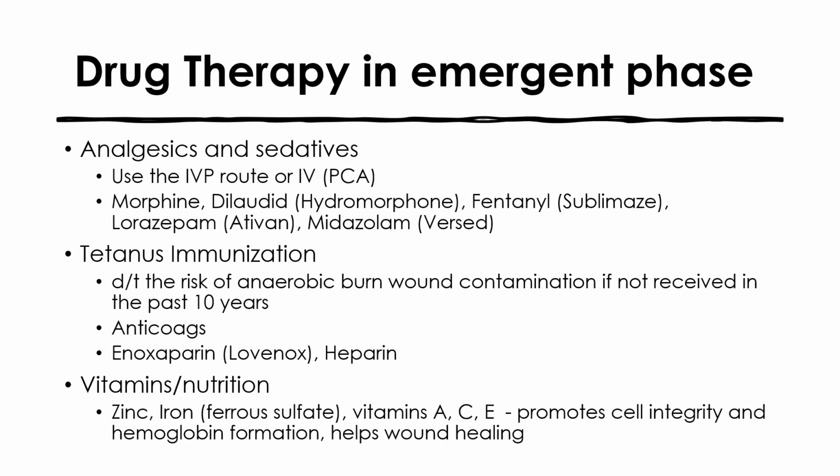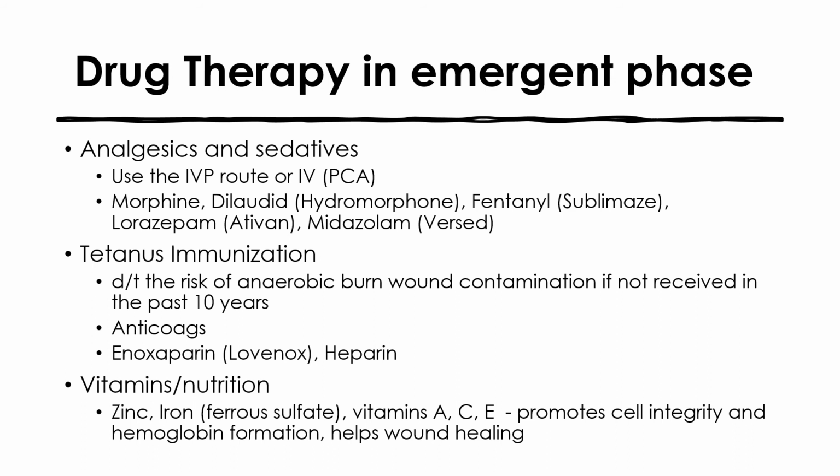IM is just not suitable due to the amount of edema and possible burns on the body. So we're using morphine, Dilaudid, fentanyl, Ativan, Versed. These are all very common for pain relief and sedatives. Morphine, Dilaudid, and fentanyl would be pain relief, and then the sedatives would be Ativan and Versed.